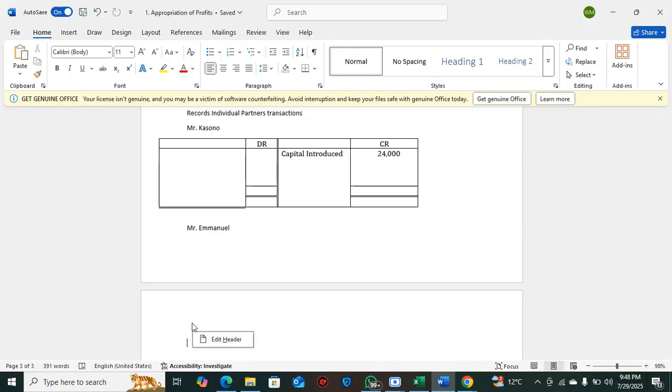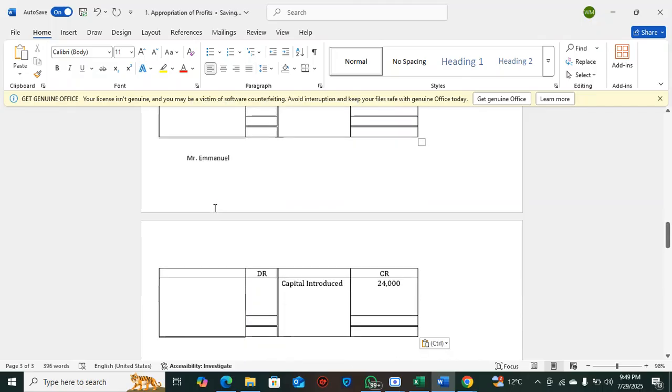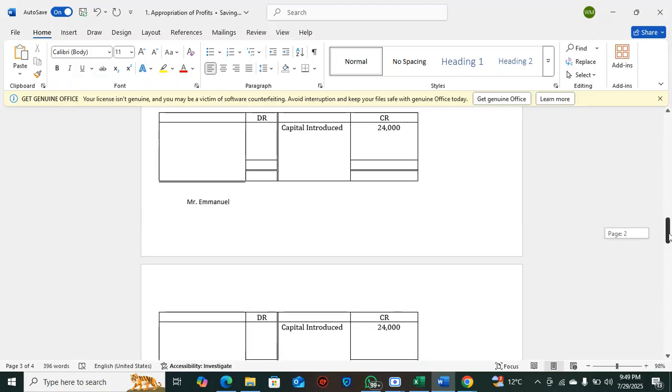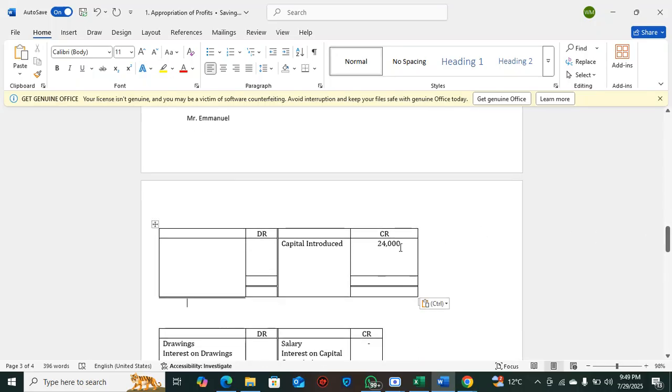Unless maybe a partner dies or leaves the partnership, then the account can be closed. So long as you are alive and kicking in the partnership, it just remains as a fixed amount here, 18,000. Any questions before we go to the current account?